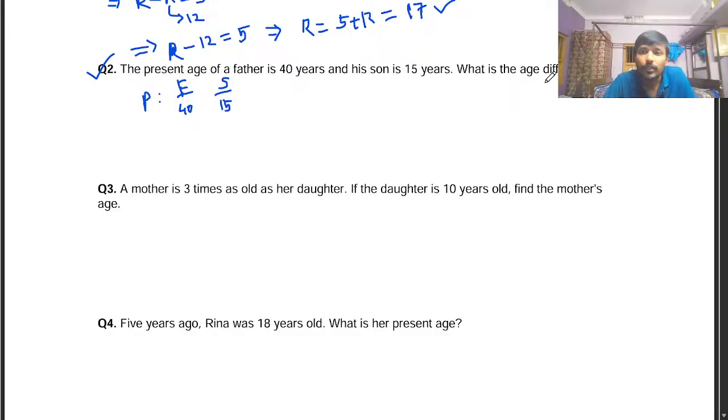What is the age difference? The difference is what? Minus, that is 25 years. That is the gap. So in this question, we are asked to find the gap. So the age difference is 25 years. It is also a very easy question.